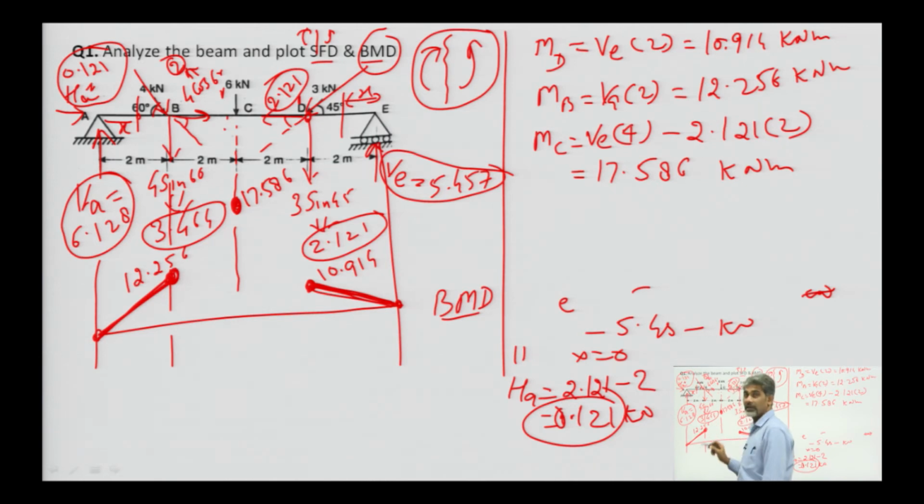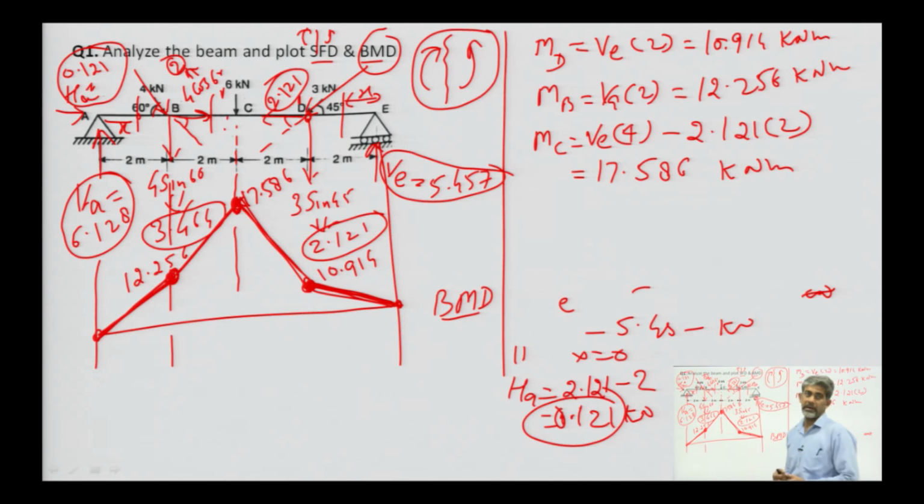It is either linear or parabolic. So, consider x, then you will get the linear. So, this is this diagram. So, join this. Okay. So, this is your BMD, provided our calculation is correct.